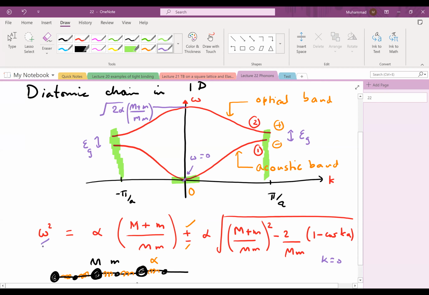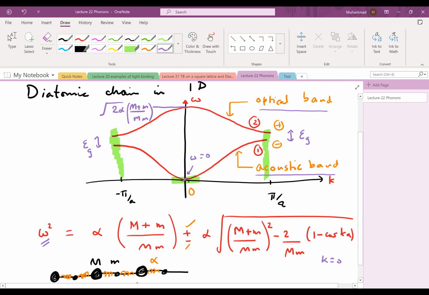So I need to take the square root because I have a square here. So this is what the dispersion relationship looks like. So now what we're interested in is finding out why these are called the optical bands and acoustic bands. And for that, we need to expand these strings around the k equals 0 point.